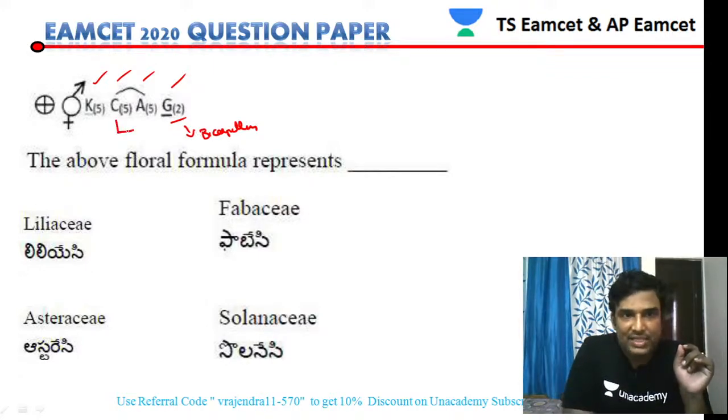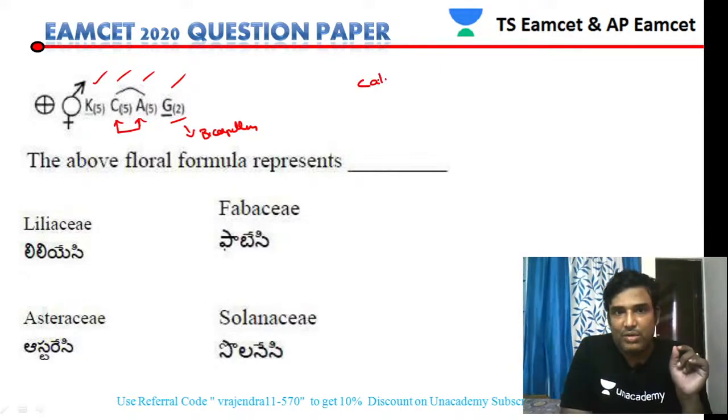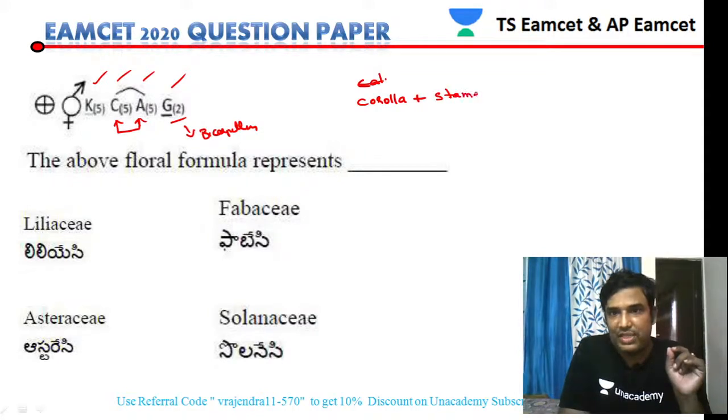You can see that the corolla and stamens are fused. Such a condition is called the epipetalous condition.